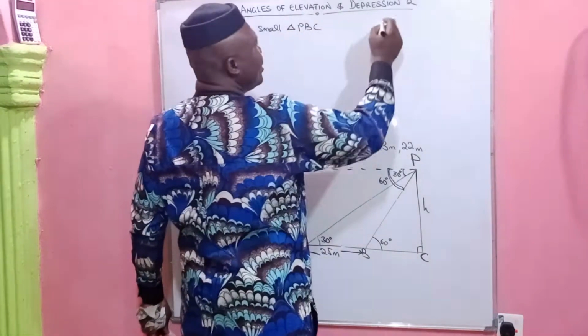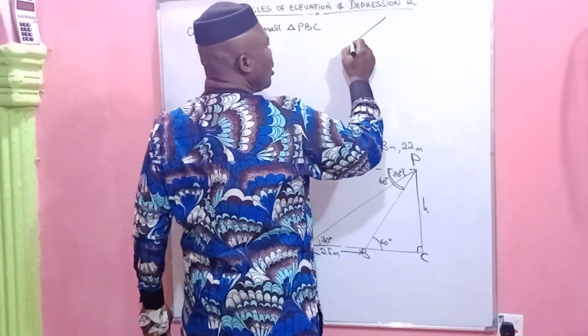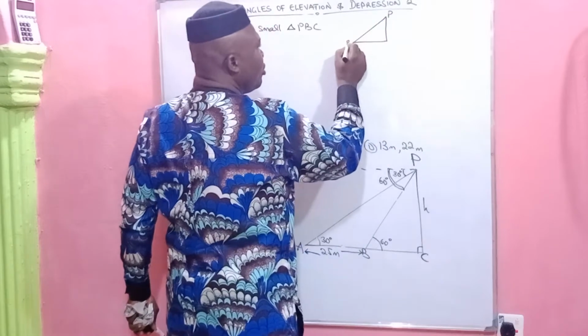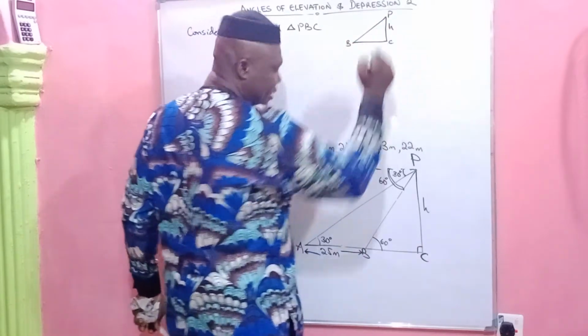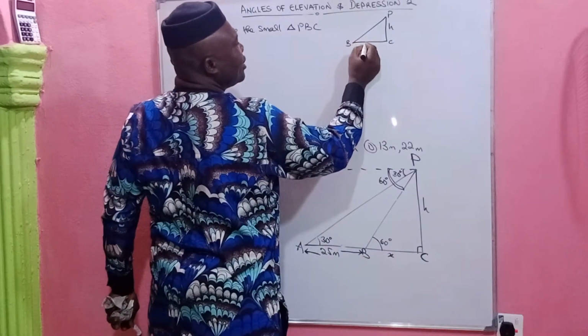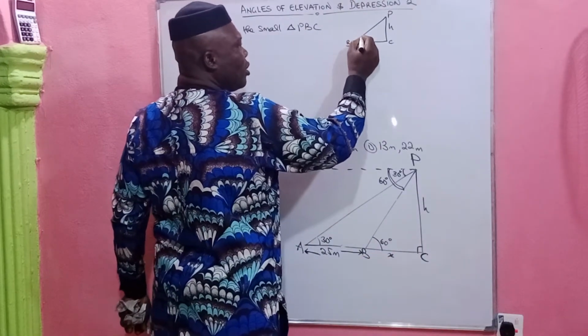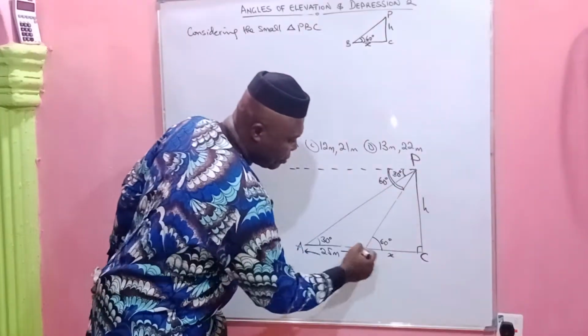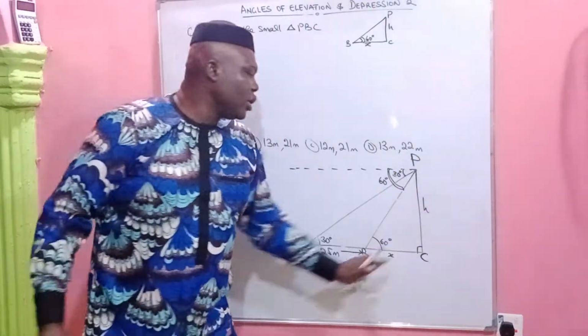Which of course is this way. So this is PBC. Here is the height. Let's call this place X. And then here is X. This is the angle 60 degrees. Considering this small triangle PBC with only that information given.